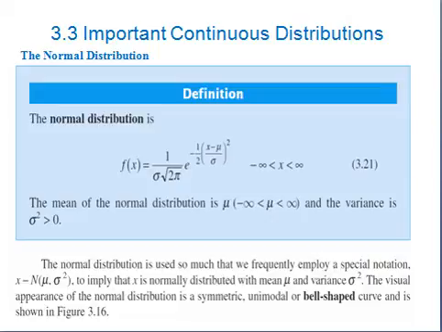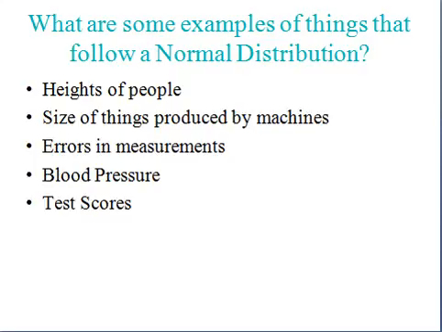There is a built-in formula, NORM.INV, which is a built-in function in Excel. Some examples that follow a normal distribution: heights of people, size of things produced by machines, error in measurement, blood pressure, and test scores.